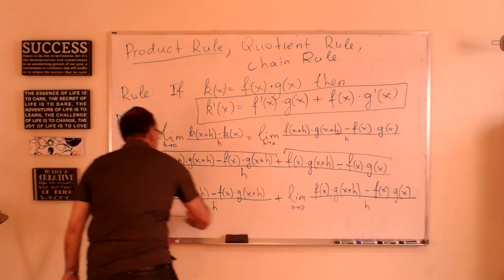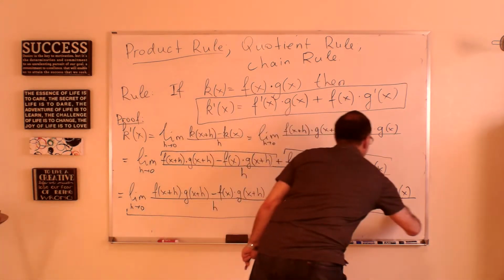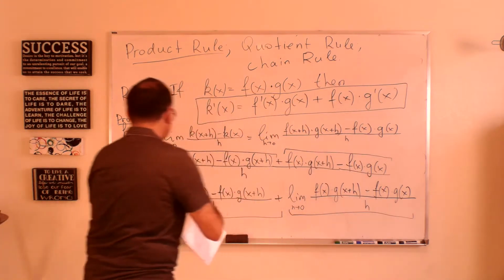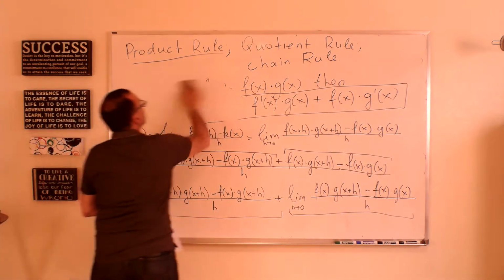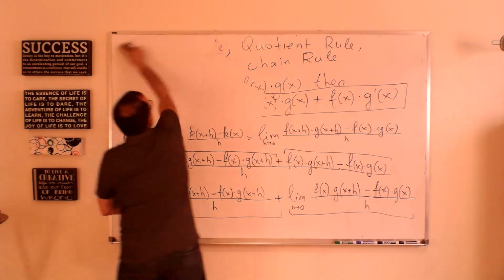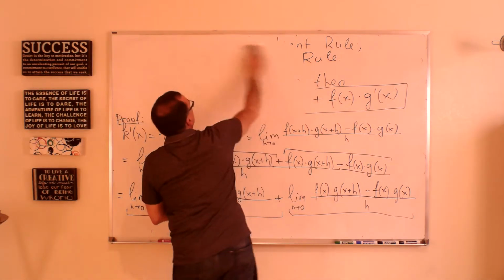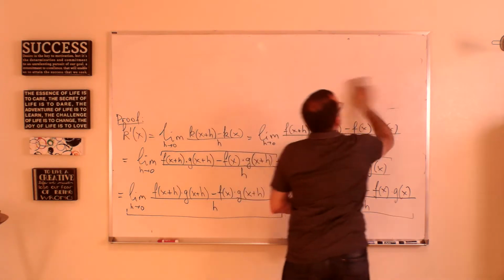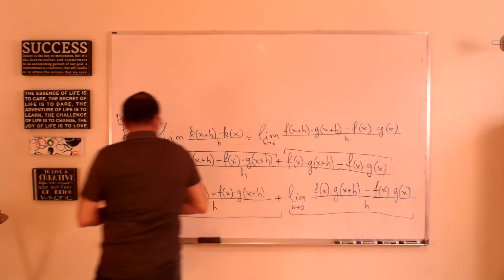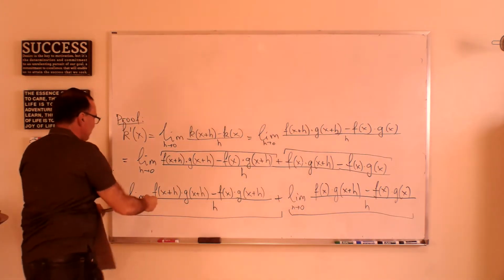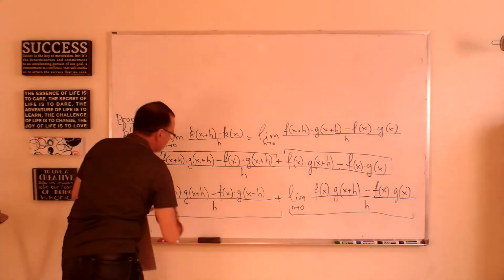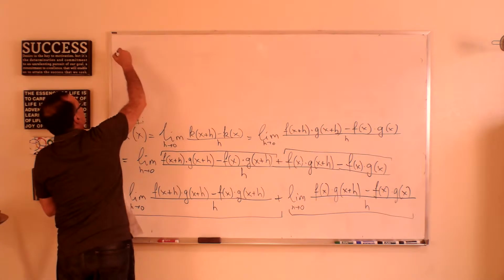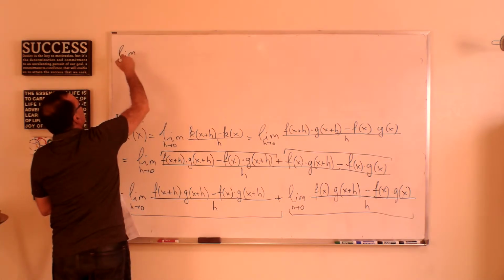Once again, we have two limits here. In the first limit we can factor out the common term, which is g of x plus h. So it becomes limit as h approaches 0.